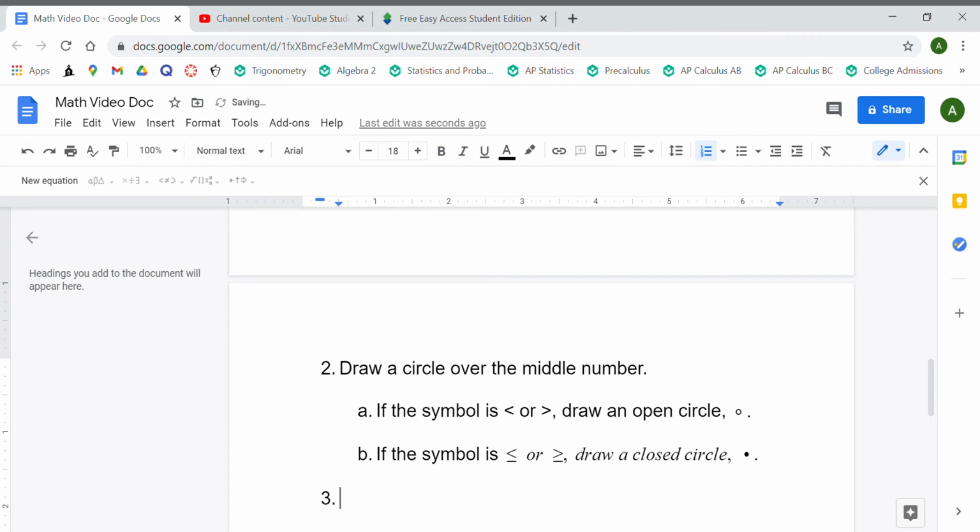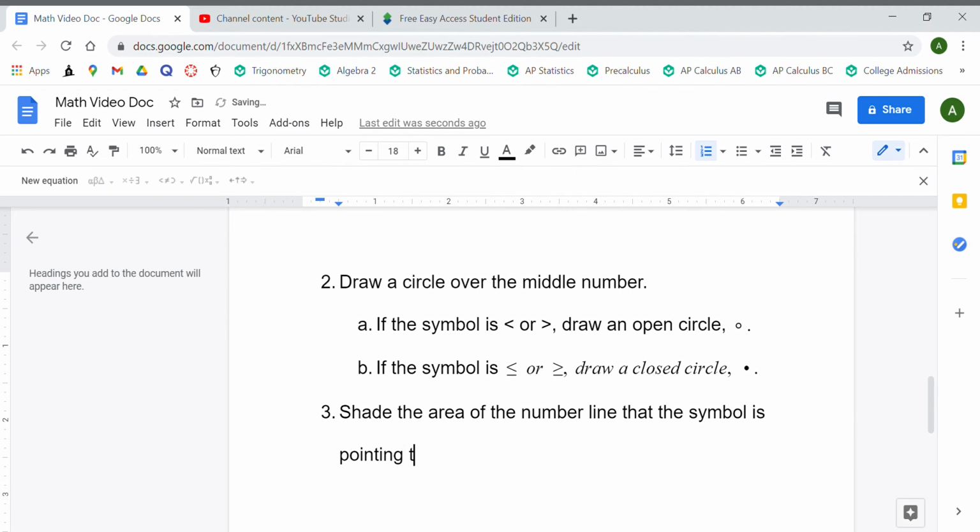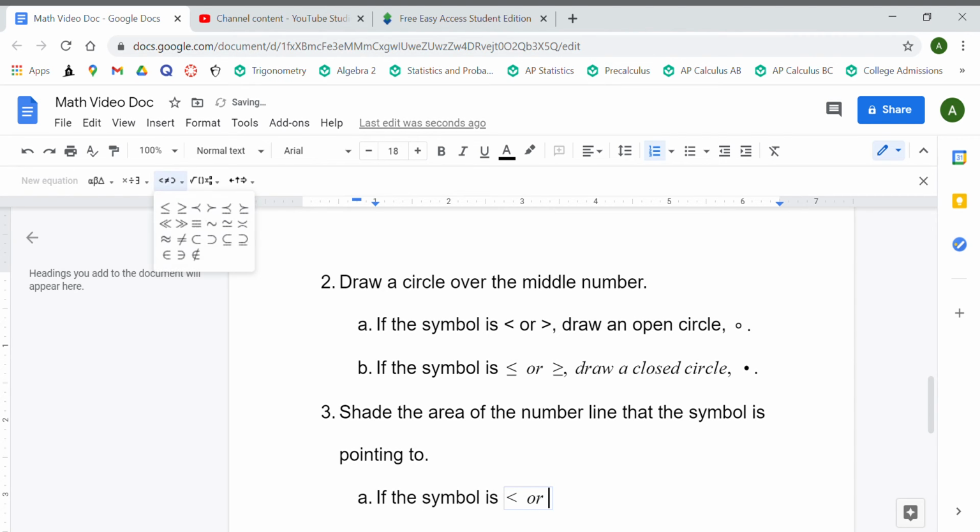And then shade the area of the number line that the symbol is pointing to. So in other words, if the symbol is less than or less than or equal to, shade to the left.